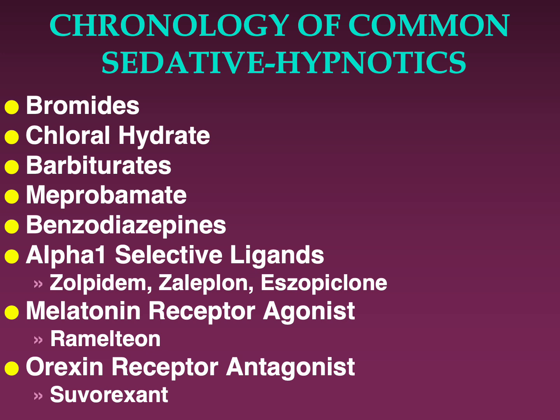But subsequently, more recently, there have been a couple of other things that have come out. There's an agonist of melatonin receptors called Ramelteon, and only within the last few years there's an antagonist of the orexin receptors. The orexin system is your wakefulness system.